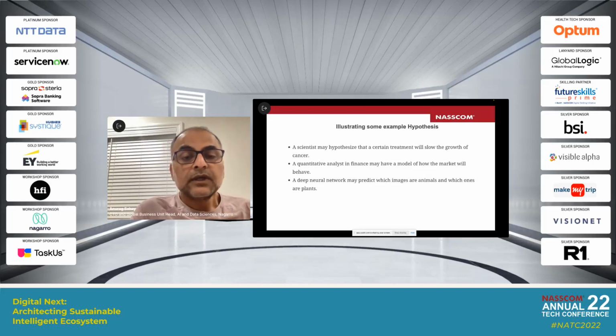A deep neural network can predict which images are animals and which ones are plants. And where is the neural network building that idea? When given an image, how does it come up with an animal or a plant as the prediction?